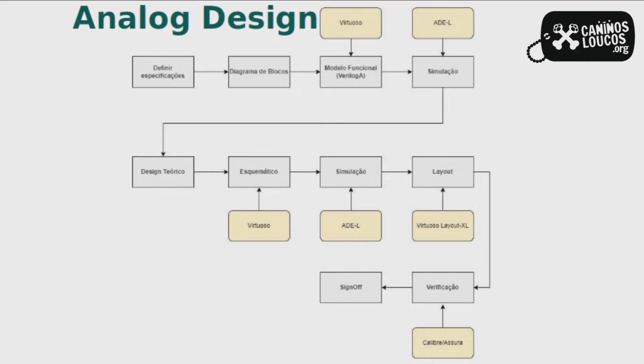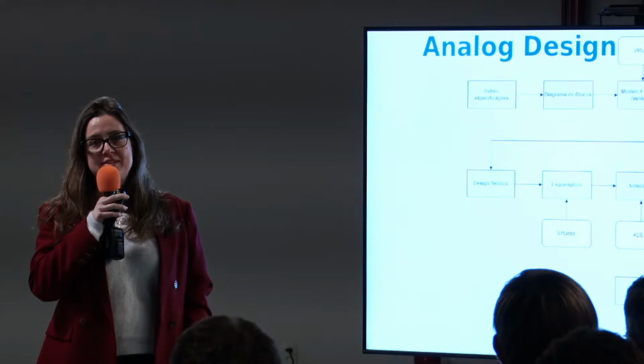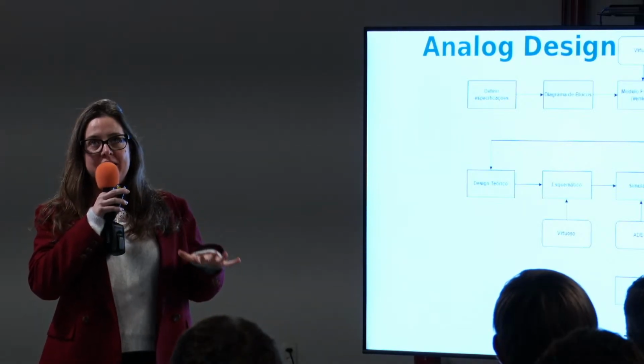And when we are discussing analog design, it's really complicated because we have many other things to simulate and many aspects, such as the capacitance of the elements, maybe the wires that go inside the chip that can introduce capacitance, inductance, resistance, and all of this starts to interfere with the system, and it complicates the system a lot.